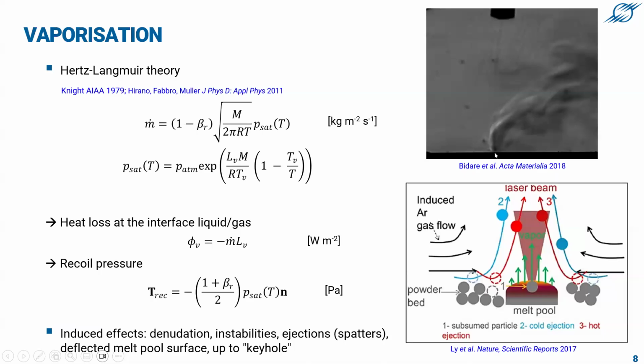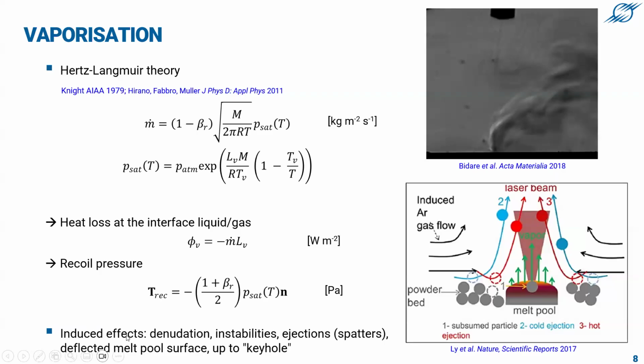And because of this very rapid evaporation, very rapid because of the drastic change of specific mass, you have a recoil pressure that will tend to deflect the surface of the melt pool, and create what we call a keyhole when this deflection is very marked.